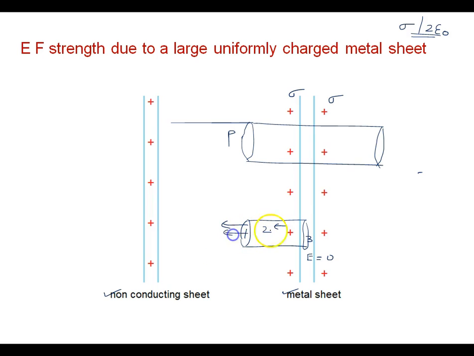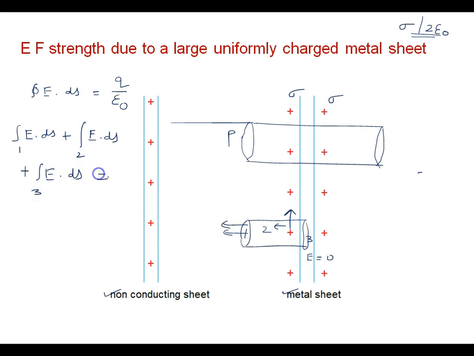Area vector, here this is the area vector. Now I write the Gauss law. Integration E dot ds equal to q by epsilon naught. E dot ds for first region, E dot ds for second region, E dot ds for third region, equals q by epsilon naught.